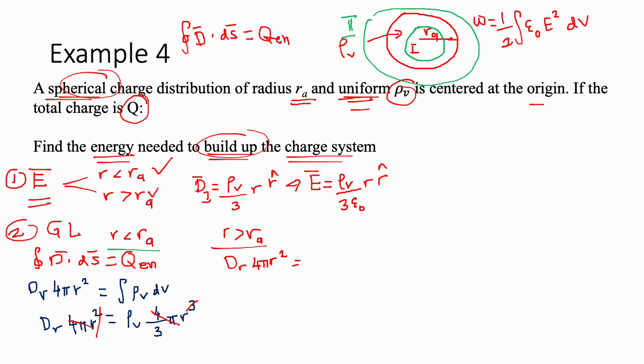So let's say this is region number 2. Your Q enclosed now will become the integration of rho v dv, so it will become rho v times 4/3 pi ra.